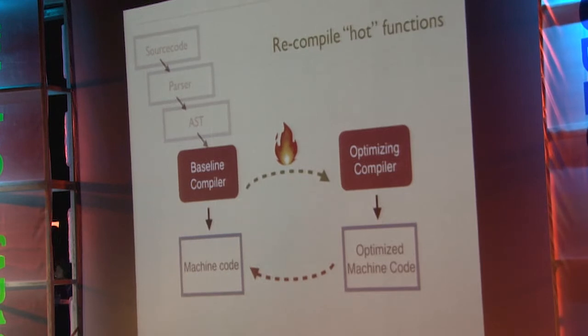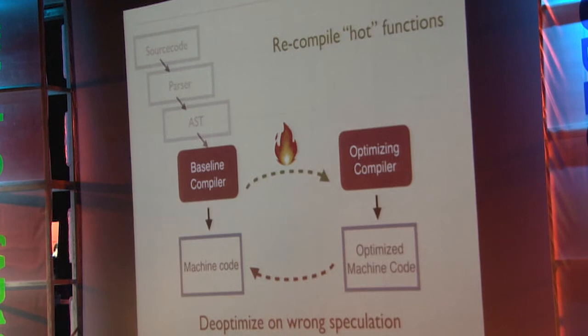If a function is identified as being hot, then that function goes to the optimizing compiler, which now recompiles this function and gives us better optimized machine code. And if the speculation that was used to optimize a hot function turns out to be wrong at some point, then the compiler de-optimizes and bails out back to the baseline compiler.